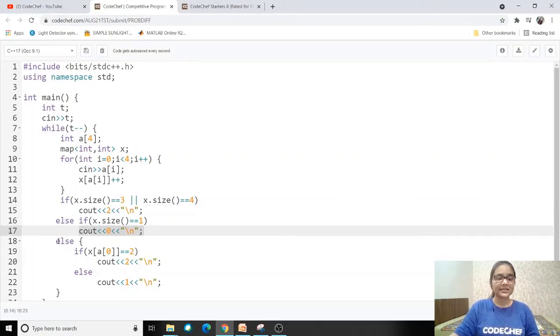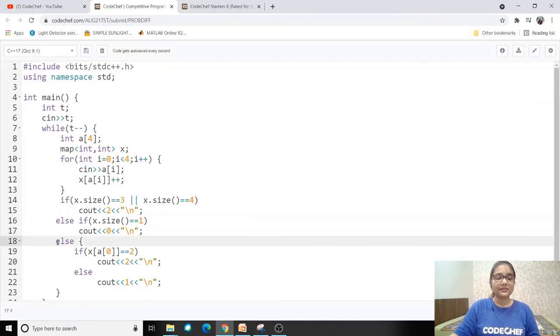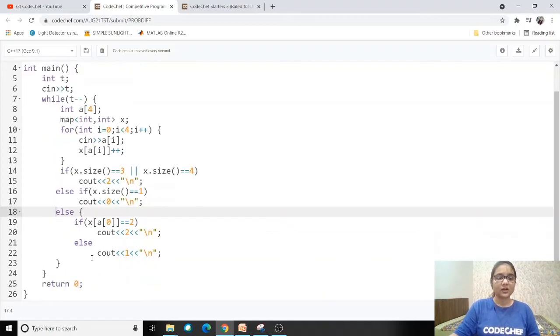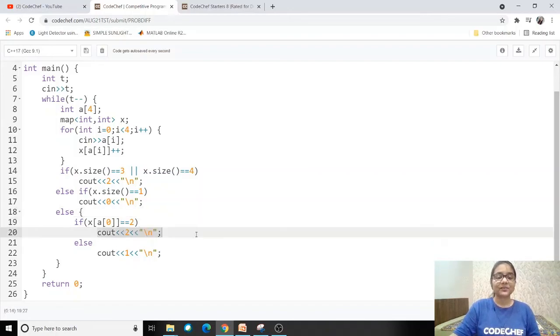In the last case, the number of difficulty levels is 2. So we have 2 cases here. I am checking at A of 0, and you can check for any difficulty level. If the number of problems that belong to a particular difficulty level is 2, then the number of problem sets that we can form is 2.